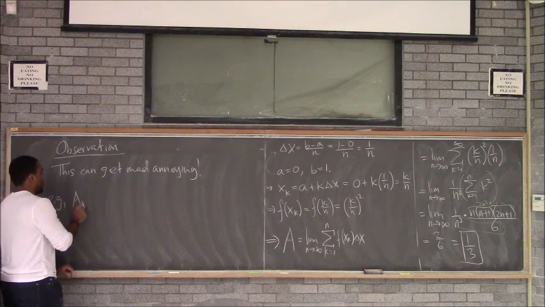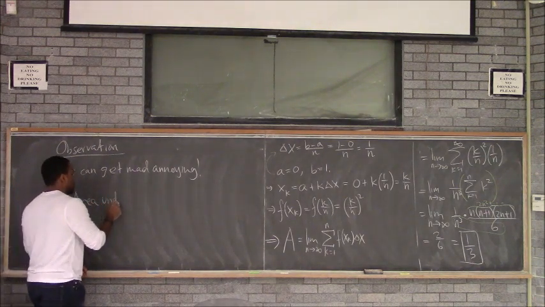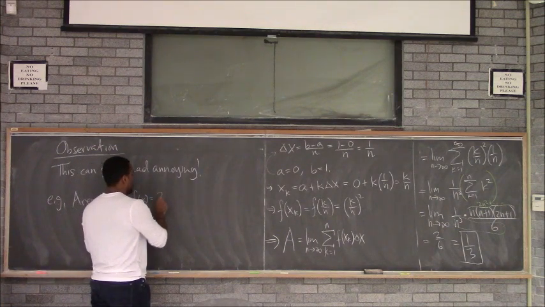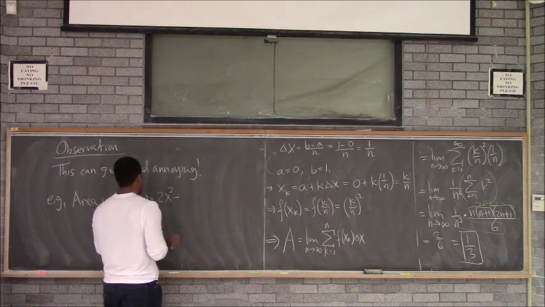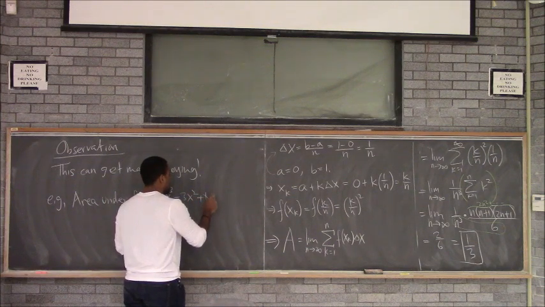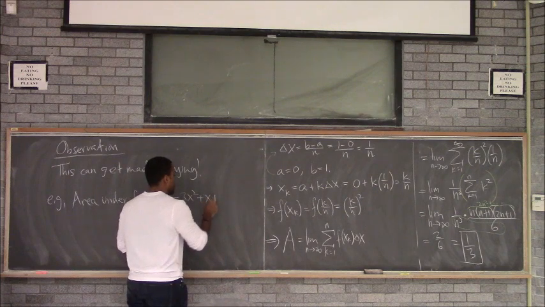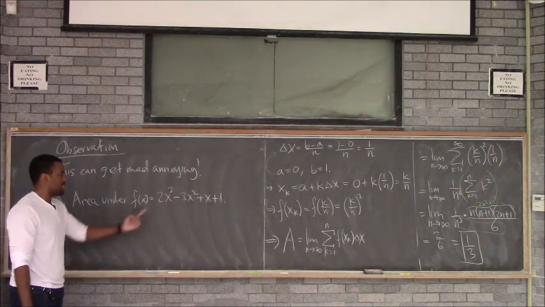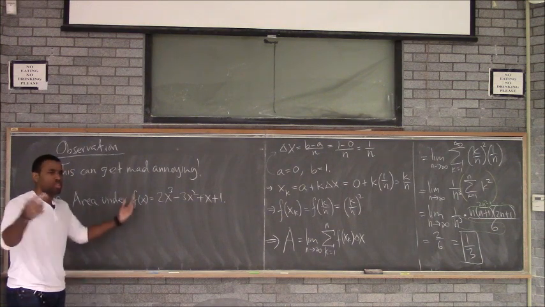Suppose I want the area under f of x equals 2x cubed minus 3x squared plus x plus 1, which in and of itself isn't a crazy function. That's a polynomial. Polynomials are nice. Polynomials are our friends.